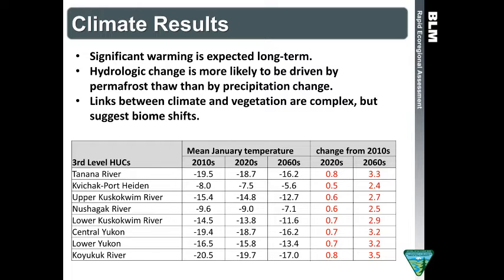But the big picture, the take-home on climate, is that significant warming is expected long term, and there's a very clear trend. That trend is quite slight in the near term, mostly because we're really only looking one decade out at this point. We averaged our climate data across decades in order to show trend rather than all the stochastic ups and downs that make up weather rather than climate.